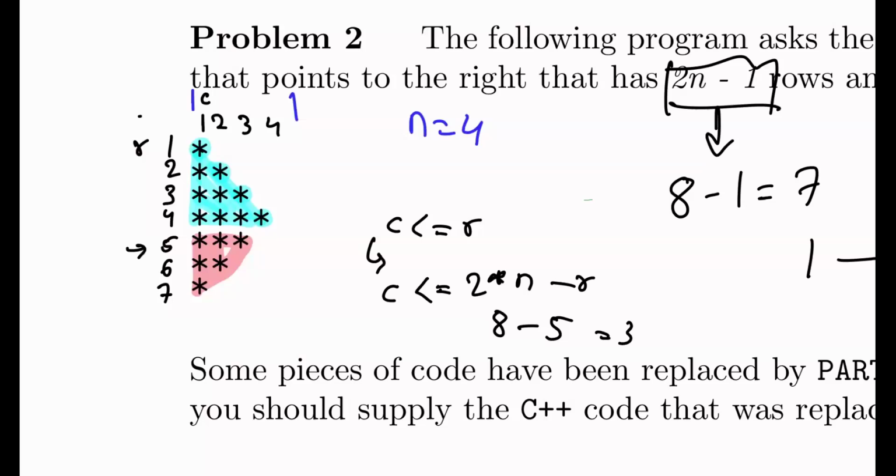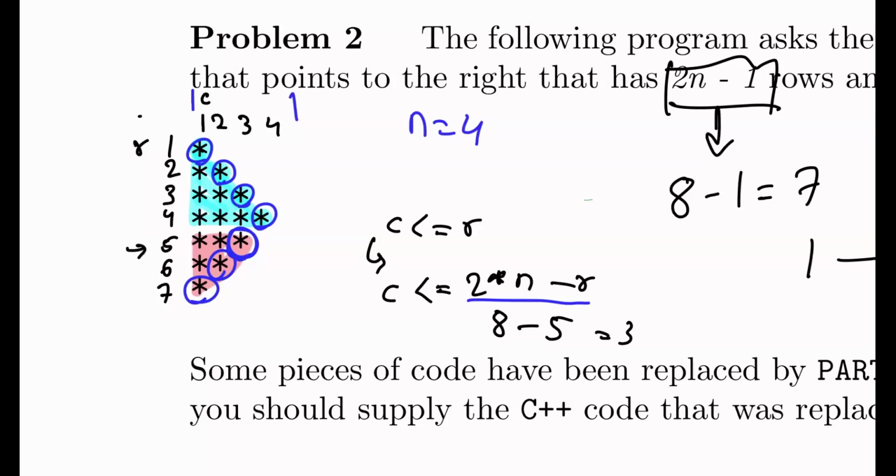Which means you get this number, and this number, and this number. So we think about these outer stars first before we do it. The outer star you can get from 2n minus row.